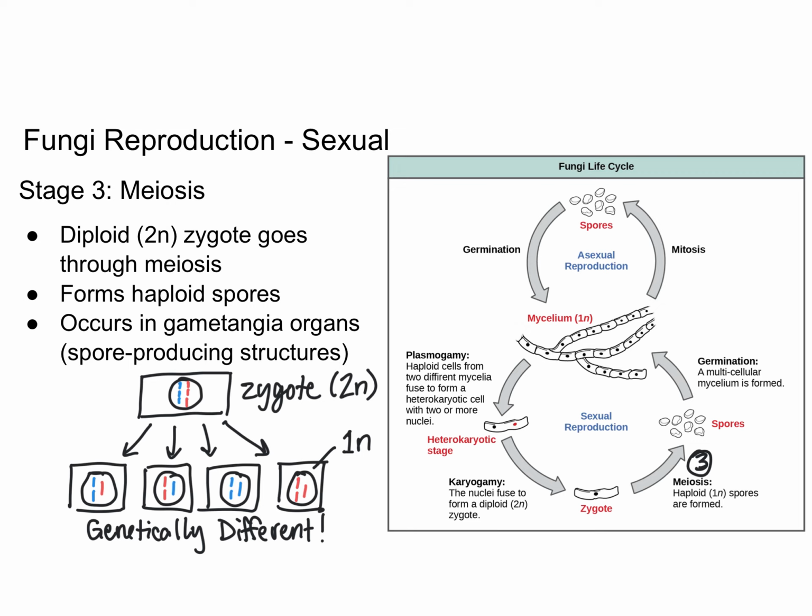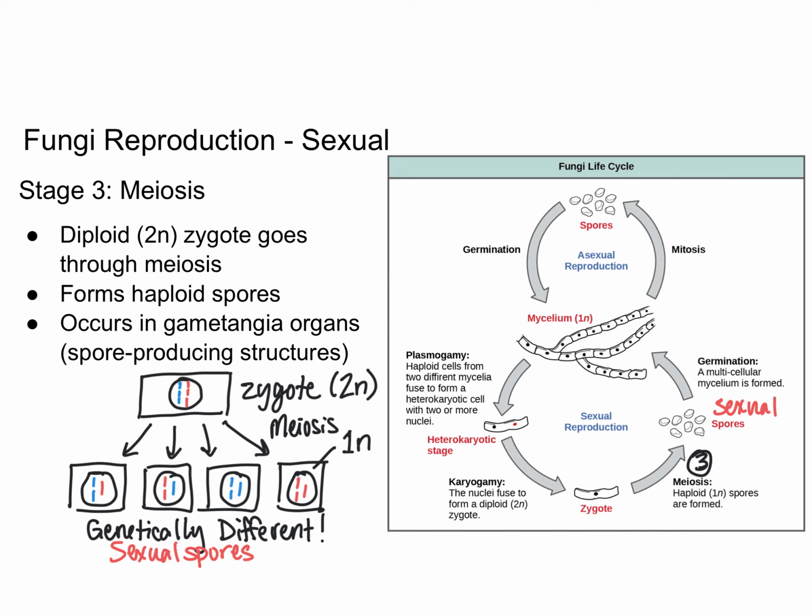These daughter cells produced by meiosis, so once again these arrows here are representing that process of meiosis, are producing the sexual spores. And we can see those on the diagram over here.